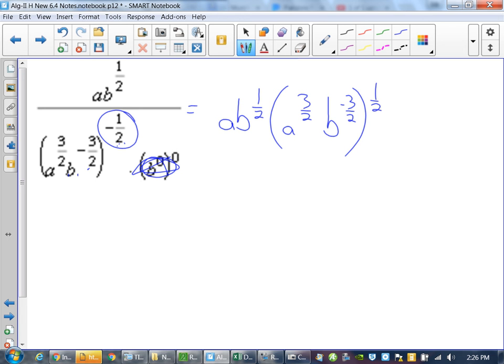Okay? Which now means that the junk in parentheses has a power to power rule. Power to power, we multiply. So what's 3/2 times a half?